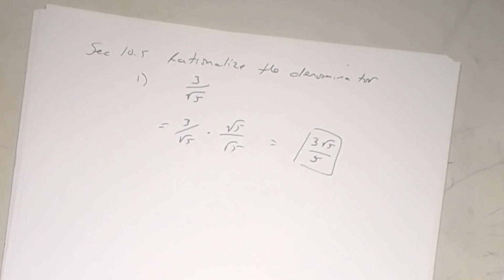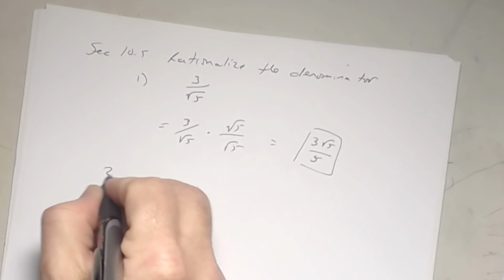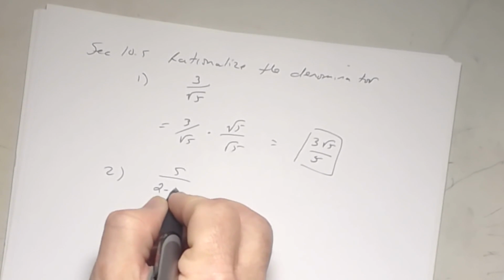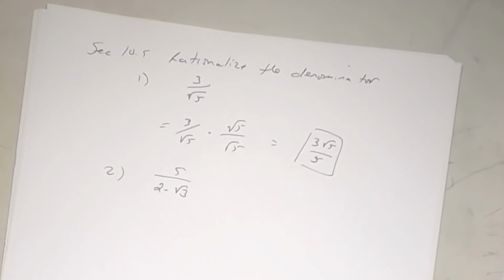The one in your final will look more like this: 5 divided by 2 minus the square root of 3. Notice, number 1, the denominator was one term.